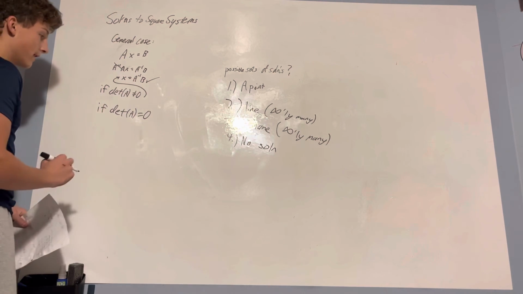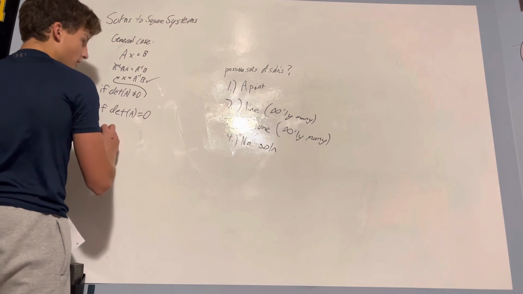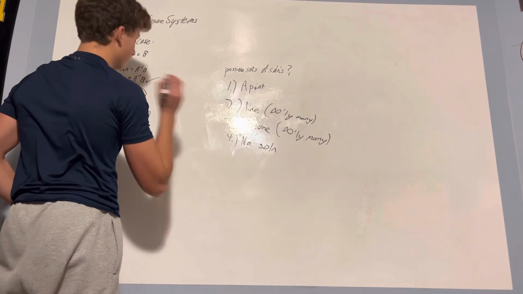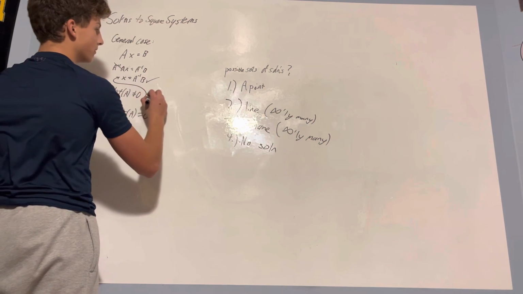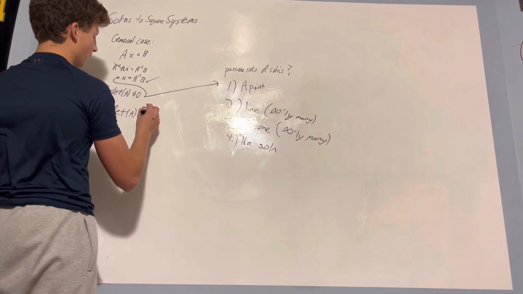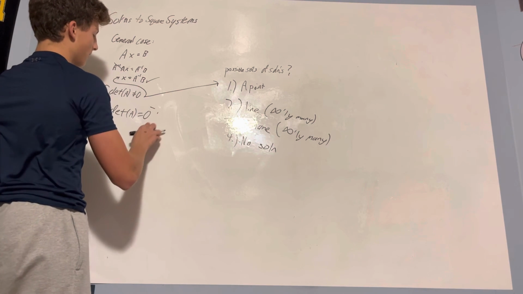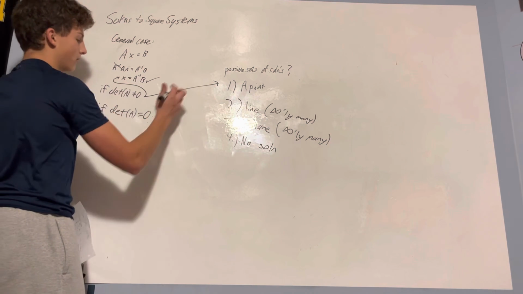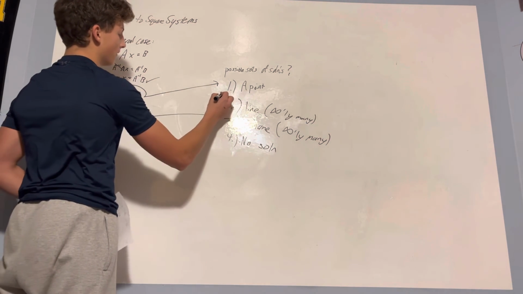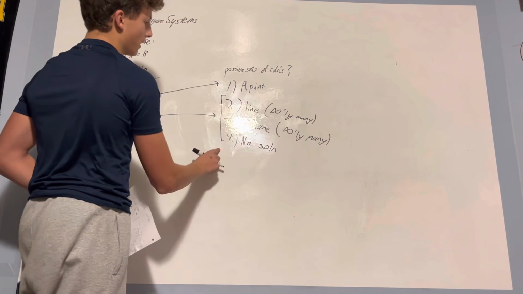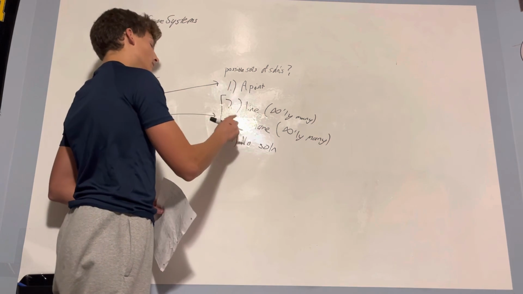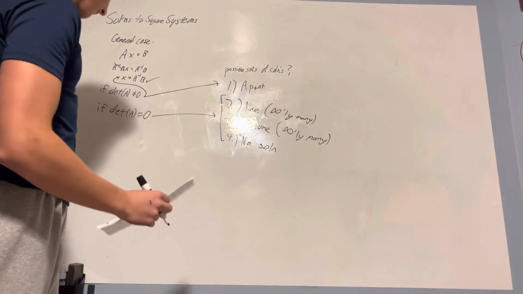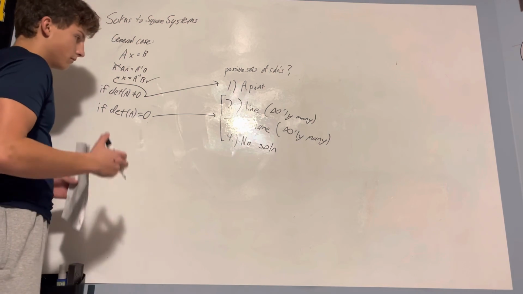So if the determinant of A is not 0, we will get a point. If the determinant of A is 0, we will get one of these three cases: either a line of solutions, which is infinitely many, a plane of solutions, still infinitely many, or no solution. And that's it.